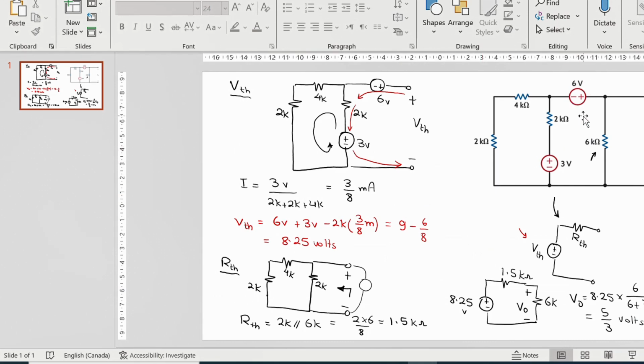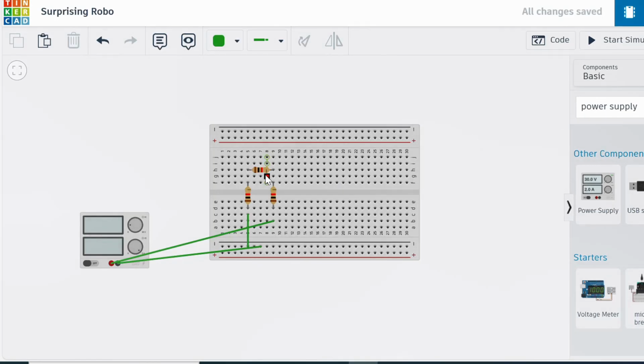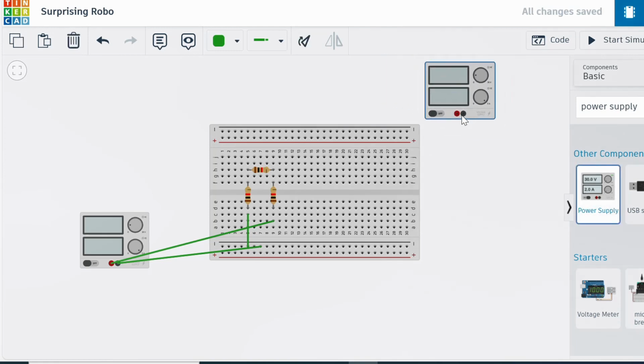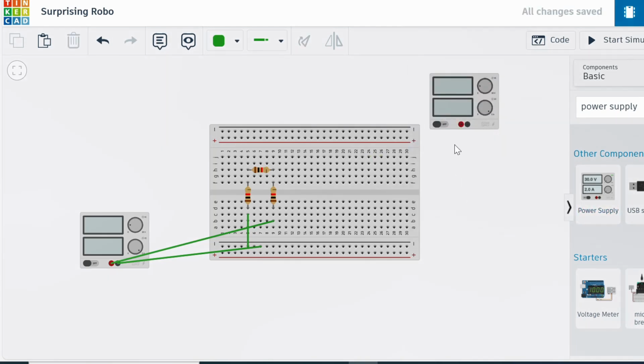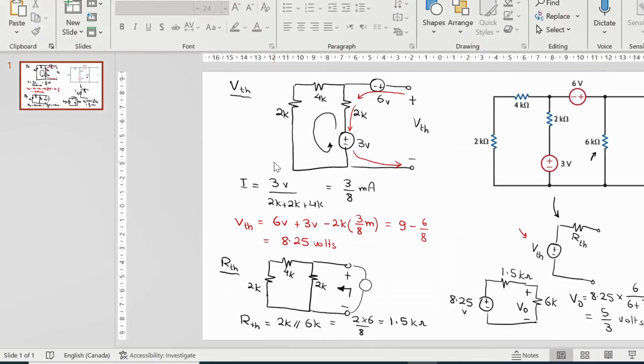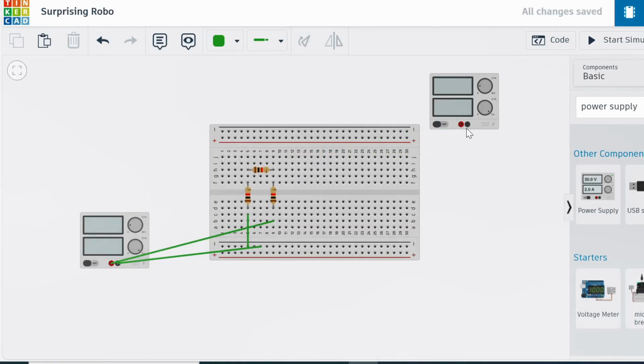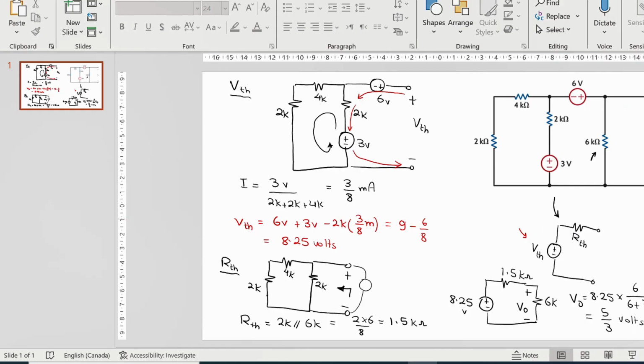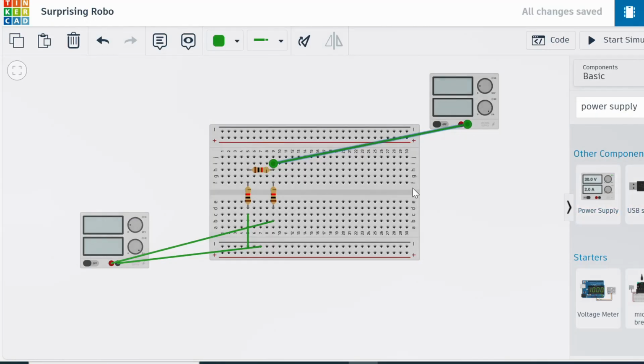We now have the 6-volt source, so we will use another power supply for this purpose. We connect the minus to the common node between the resistors, and the positive terminal is open circuit. As we mentioned, it's not connected to the load resistance yet.